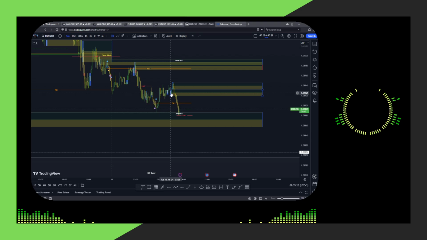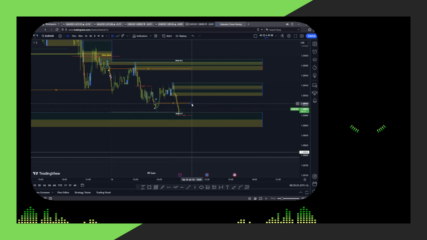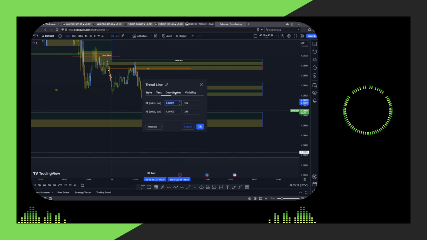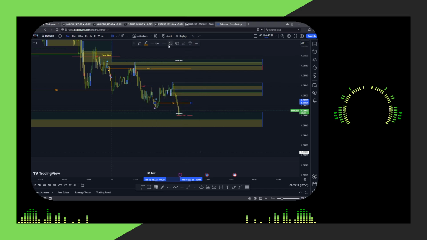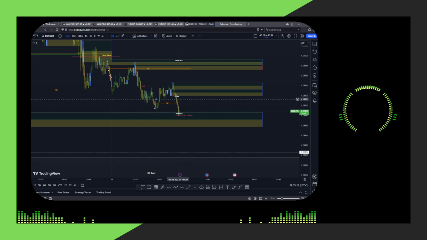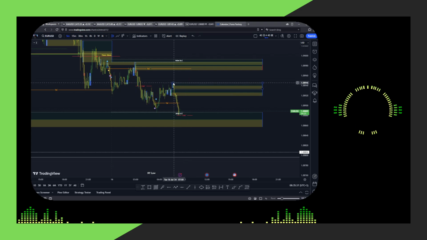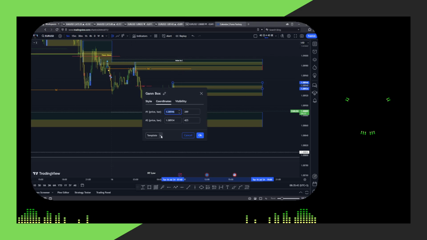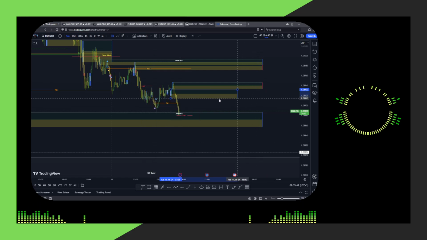If we could not have had the break of that demand zone over there, we may as well see the push to the upside of this market. But unfortunately, we have had the break of this demand zone over here, instigating and creating a new supply.